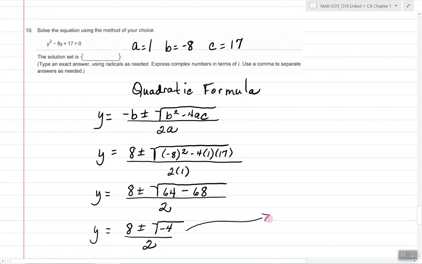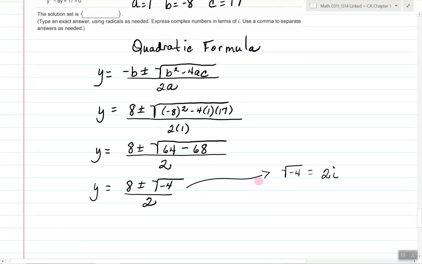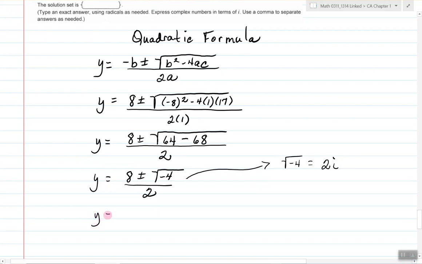Can you simplify that radical? The square root of negative 4, I hope that you see immediately that that is 2i. So y is equal to 8 plus or minus 2i over 2.